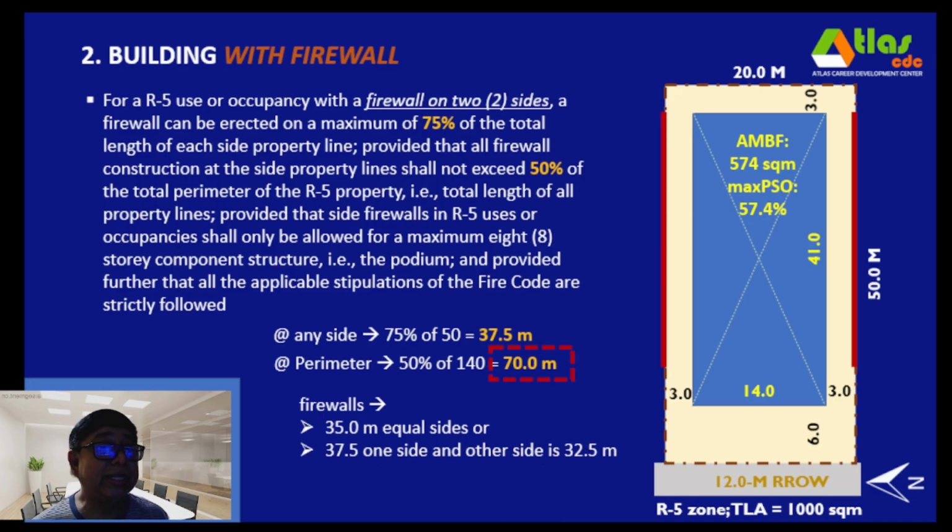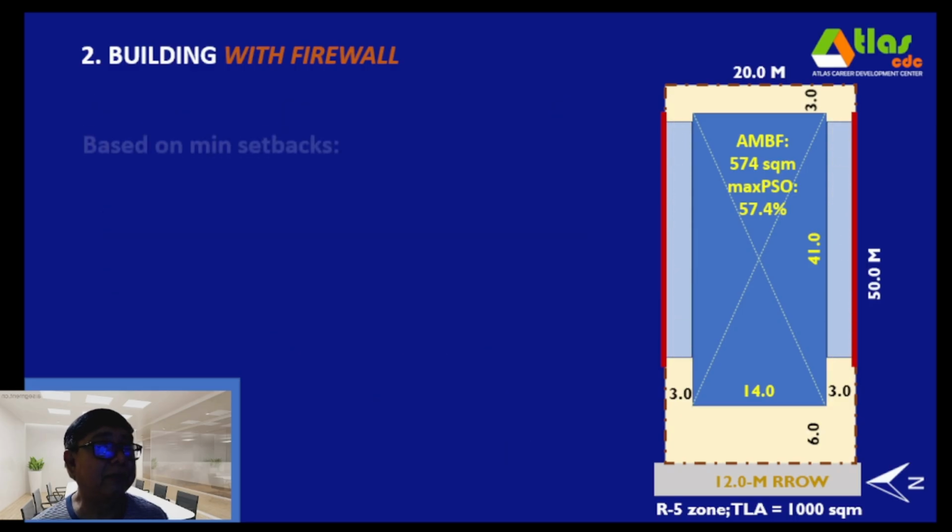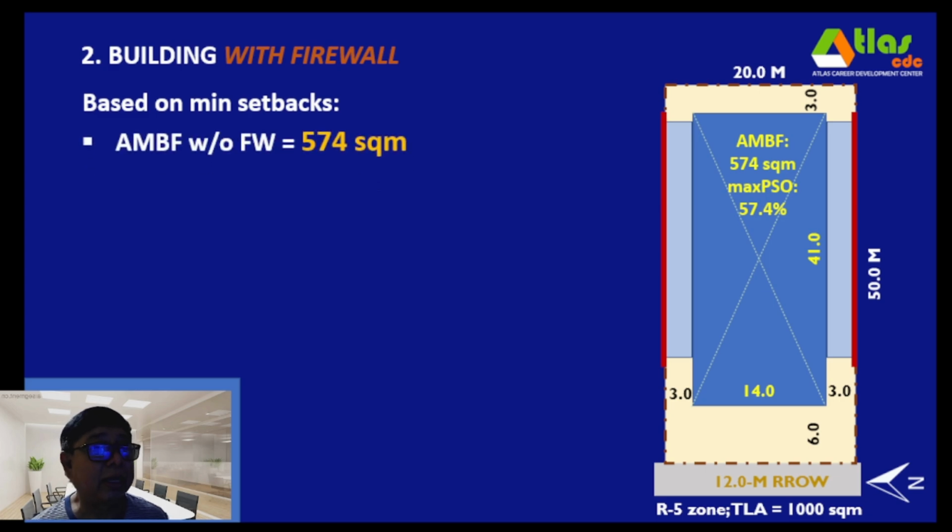So this is how you check whether your firewall is within the required limits. So, gamitin natin dito ay ang 35 meters para equal. Yan ang 35 meters natin na firewall length at both sides, no?